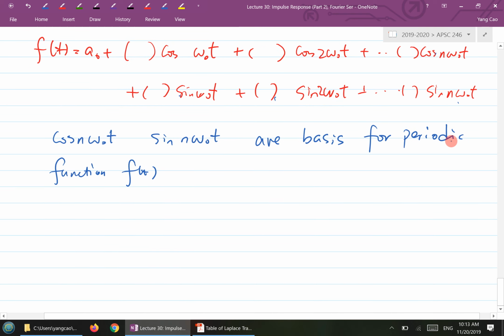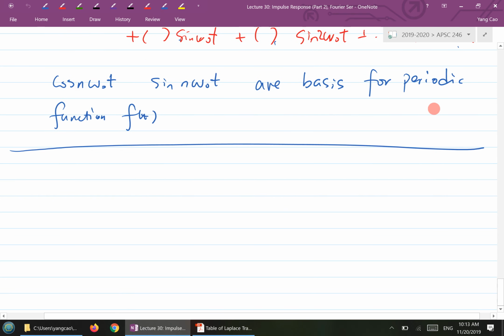Anyway, we want to study this, but I also have to go backward a little bit in order to get a better understanding of this Fourier series. I need to cover a couple of simple concepts here. So let's step back a little bit, and then we'll come back to this formula.